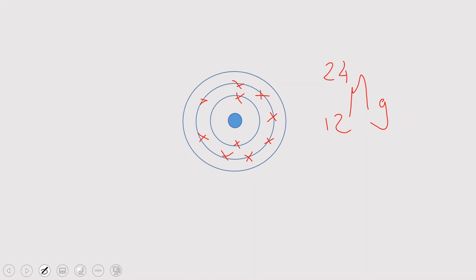Now really those should be much more equally spaced as we go around, but it has 2 outer shell electrons. So what it does is it loses those 2 outer shell electrons, and now it becomes a charge of 2 plus. So all of our metals pretty much form positive ions.